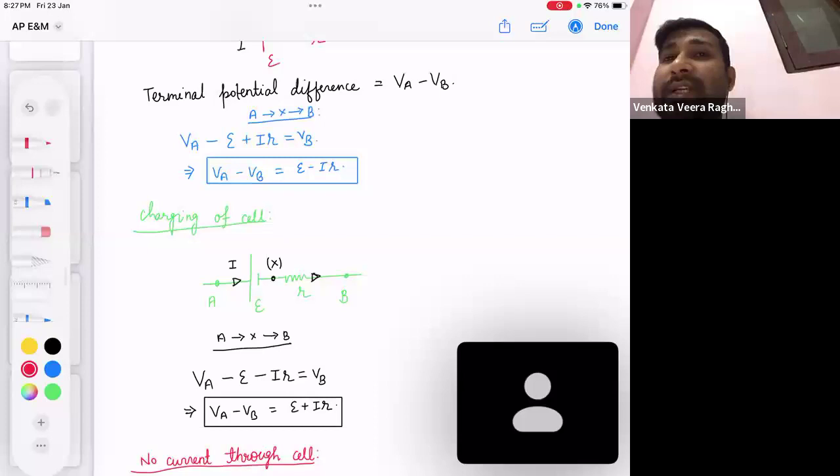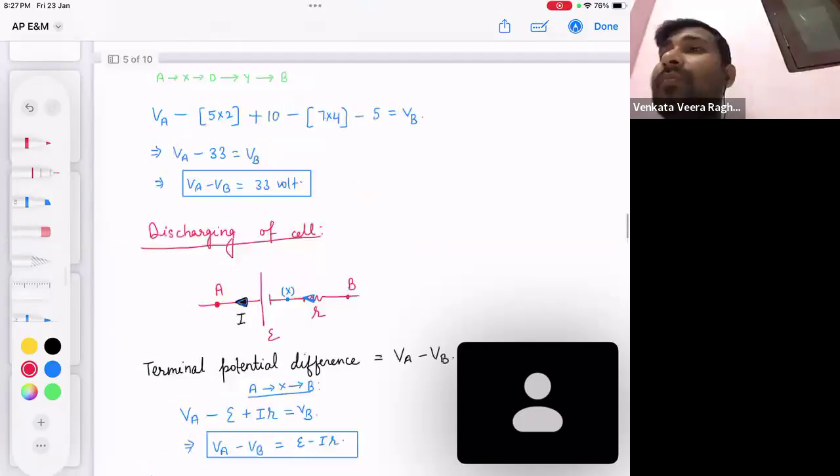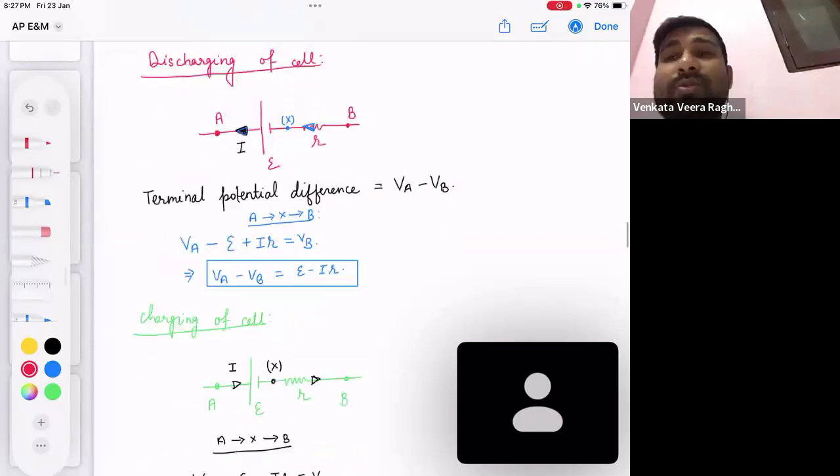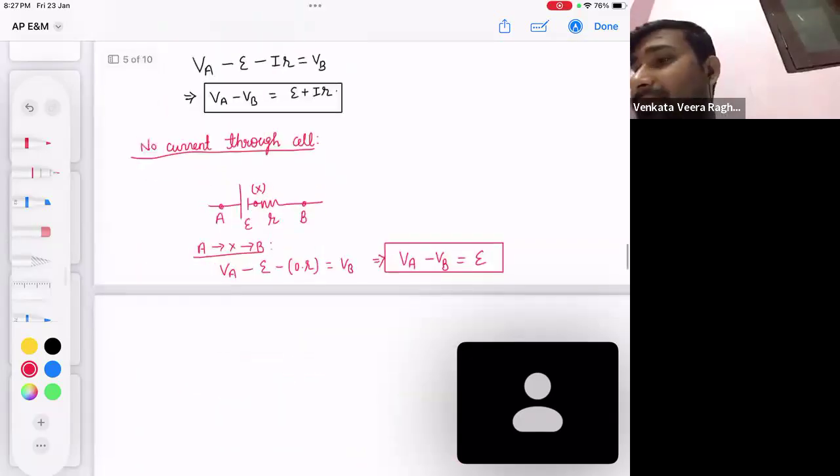So please tell me, understand these things, what we have discussed? How do we write the loop law or Kirchhoff's voltage law to write down the potential at different points in the circuit?